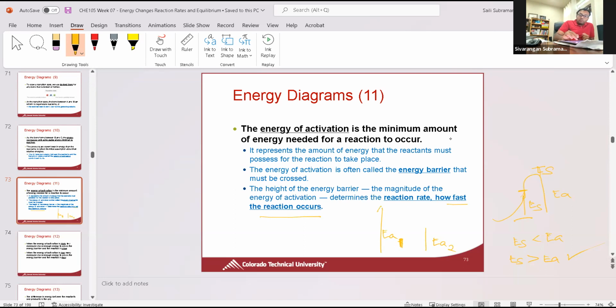The energy of activation is this hill over here. So obviously, what this is telling you is that the reaction can move faster over here compared to over here. The higher the energy of activation, the slower the reaction; the lower the energy of activation, the faster the reaction.